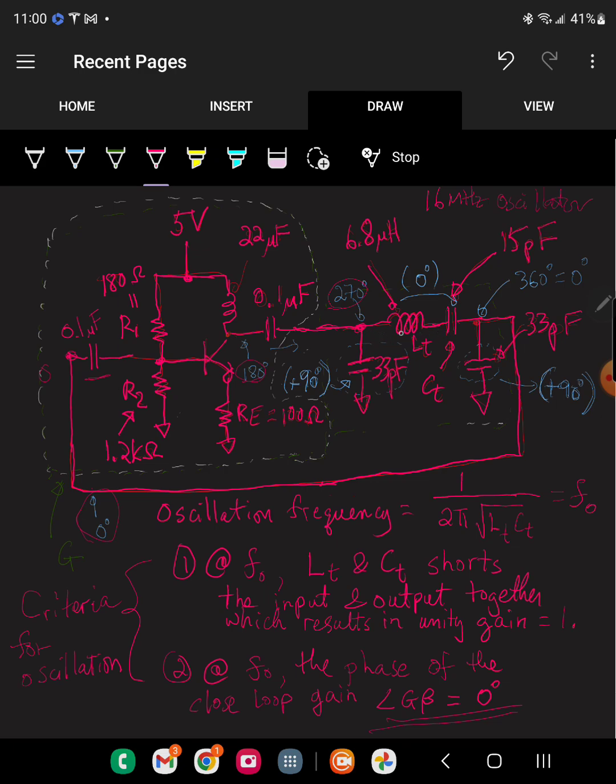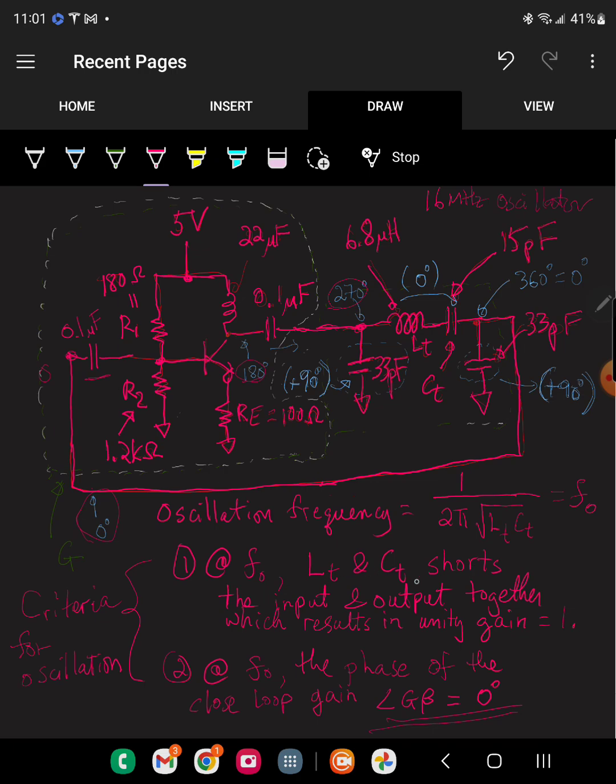Remember, at resonant, this is a short circuit. So essentially what it's doing is shorting the output, which is here, to the input, which is here. So you're basically shorting the input to the output. So that's how you get unity gain. Basically, the input is equal to the output when you short it together. All right, so that is how we meet the oscillation criteria.